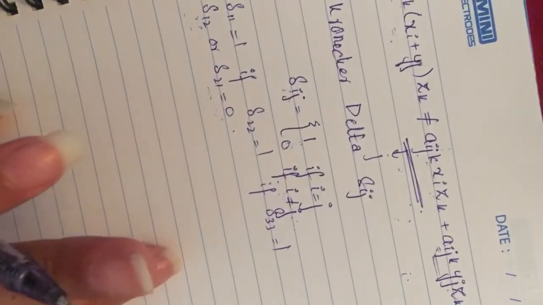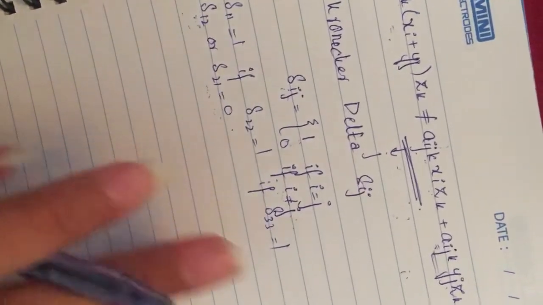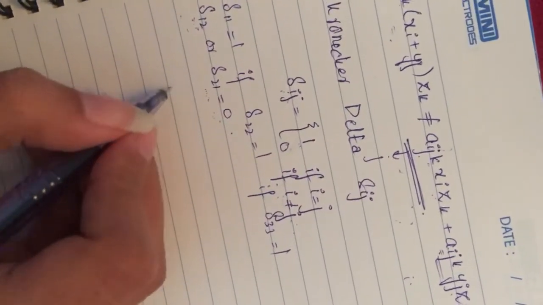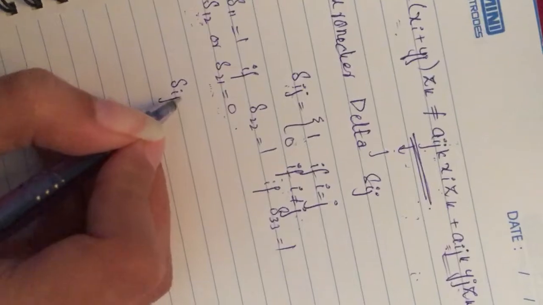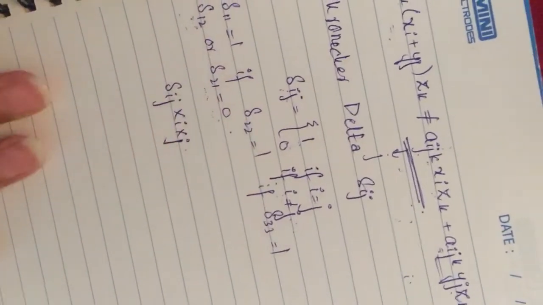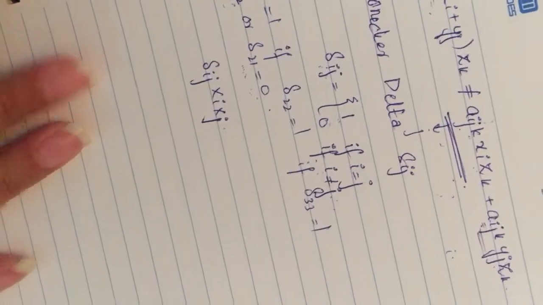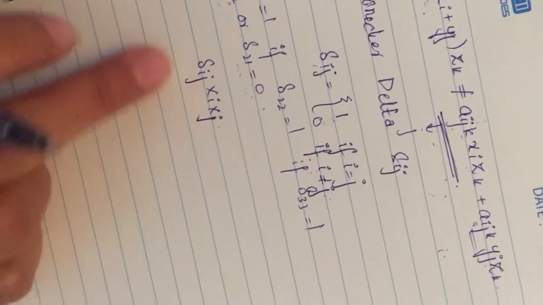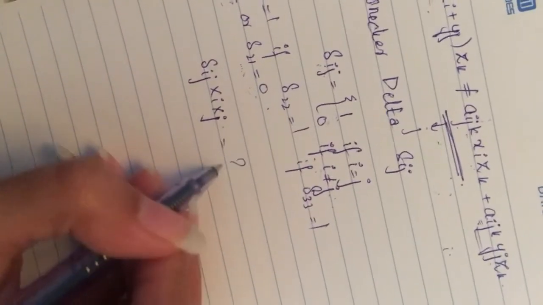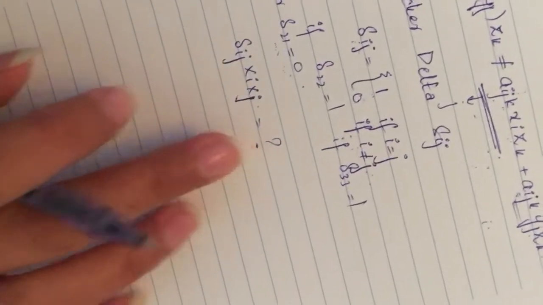Now I am going to use these values and solve a question. I have del ij x_i x_j. This is the question, and we have to find this result.